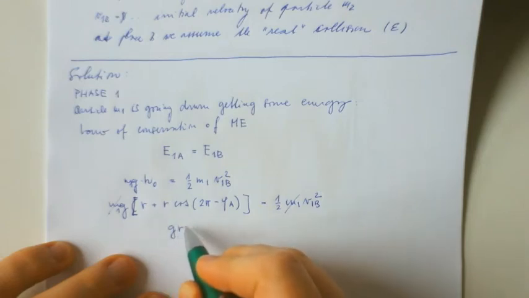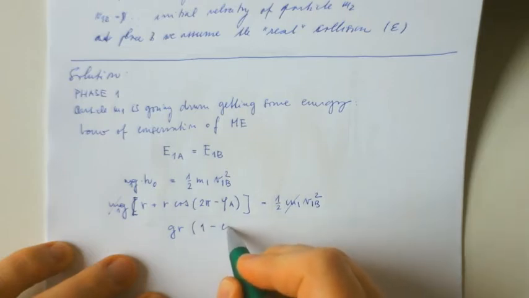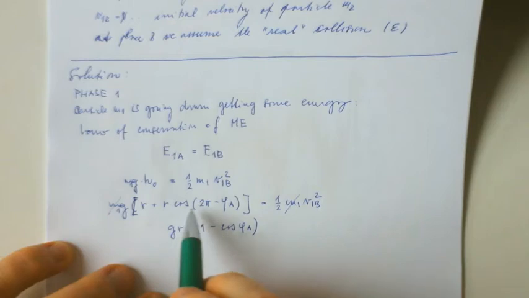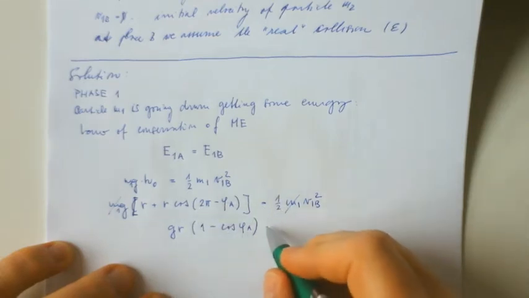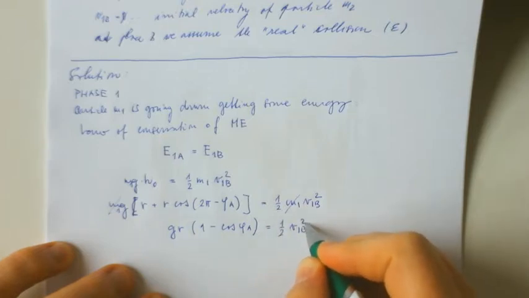It will end like this: 1 minus cosine phi A, because cosine of 2pi minus phi A is this, and it is equal to one half of v1B squared.